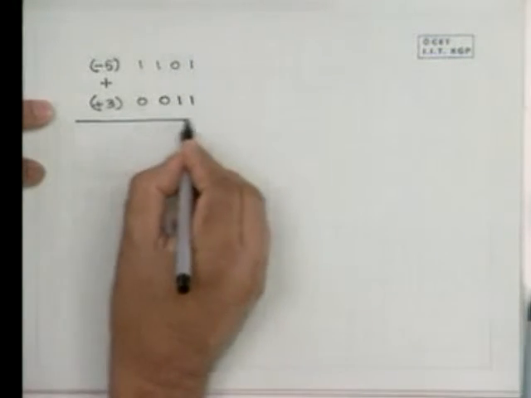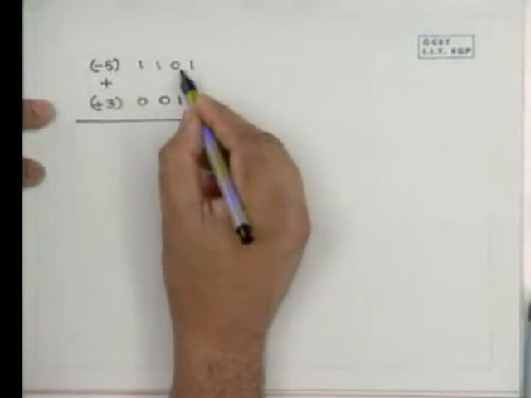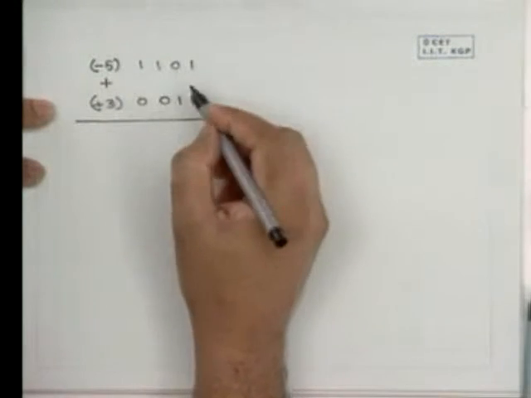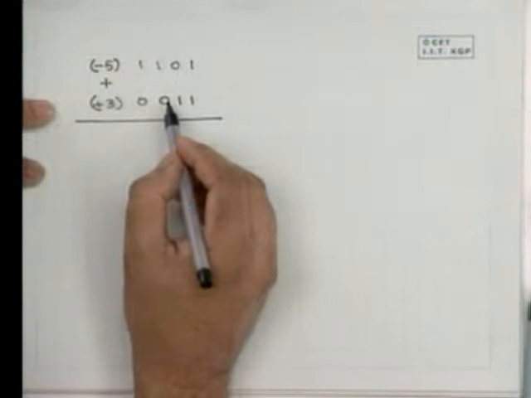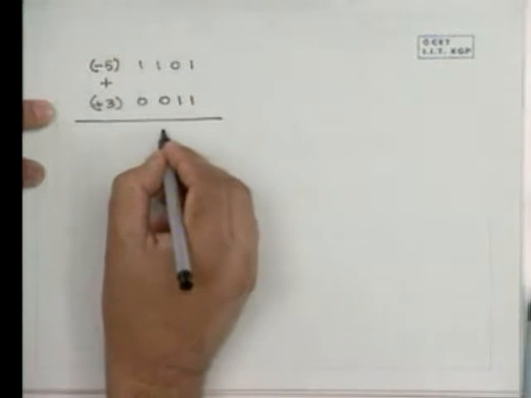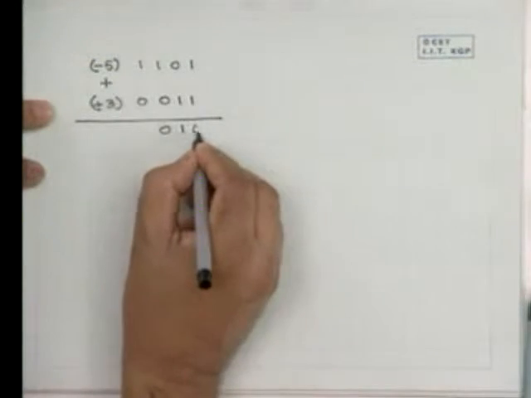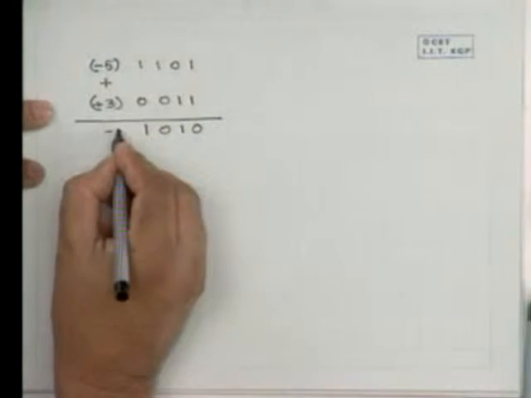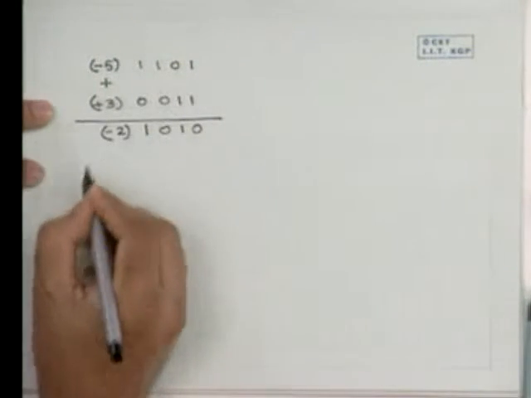In that case, to actually have the result, the actual operation that has to be done is that we'll have to subtract 3 from 5 and then declare the result to be negative. That means you will have the result as 0 0 1 0 and declare the result as negative, which is your minus 2.